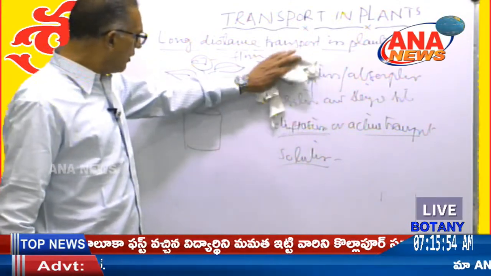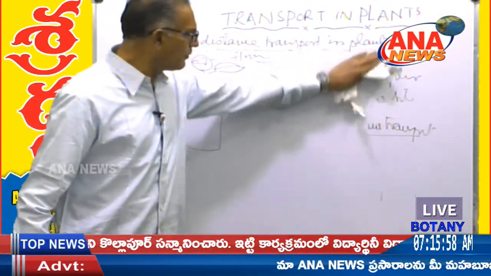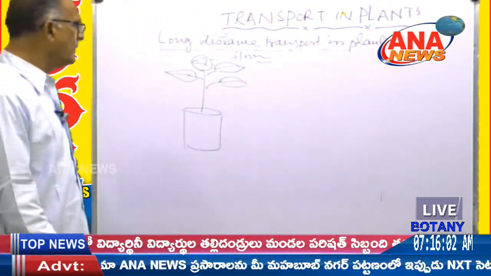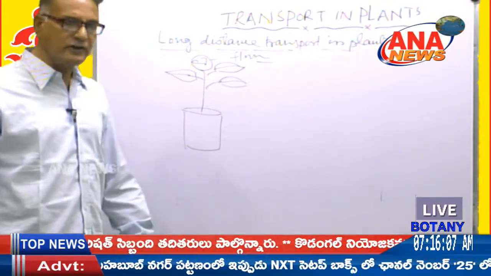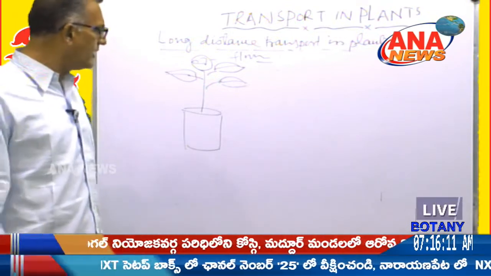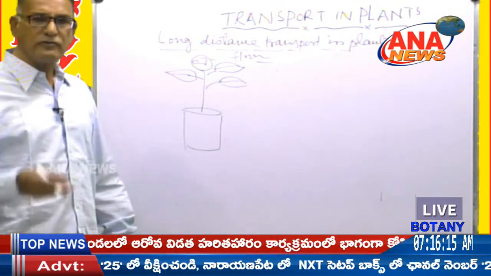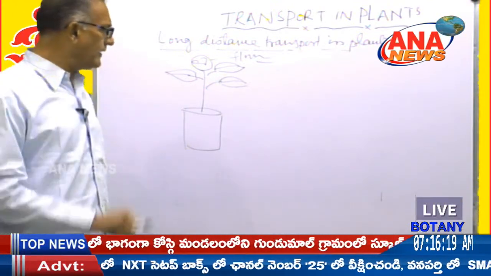So the substances are to be moved long distances in the plants. Diffusion accounts for only shorter distances. For example, to pass the substances across the cell, it requires 2.5 seconds; then we can calculate how much time it requires to move the substance about 1 meter.